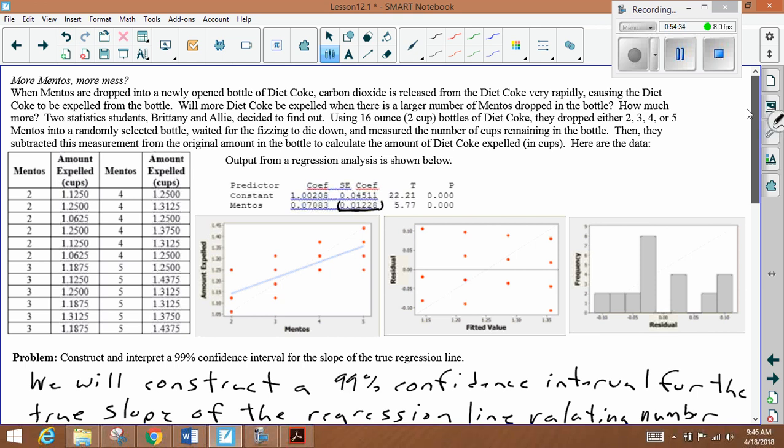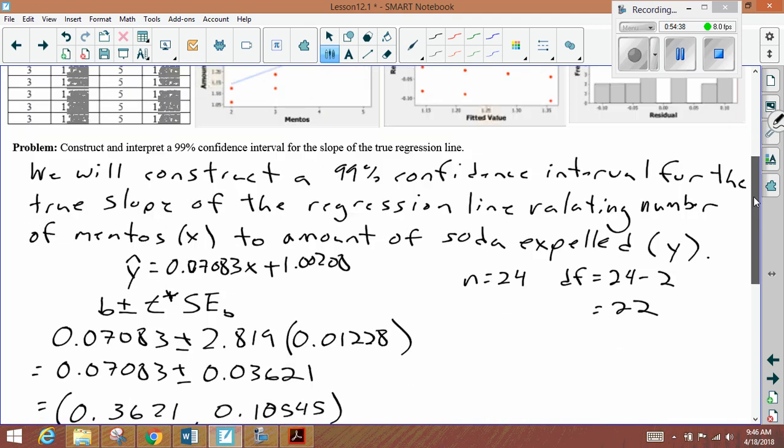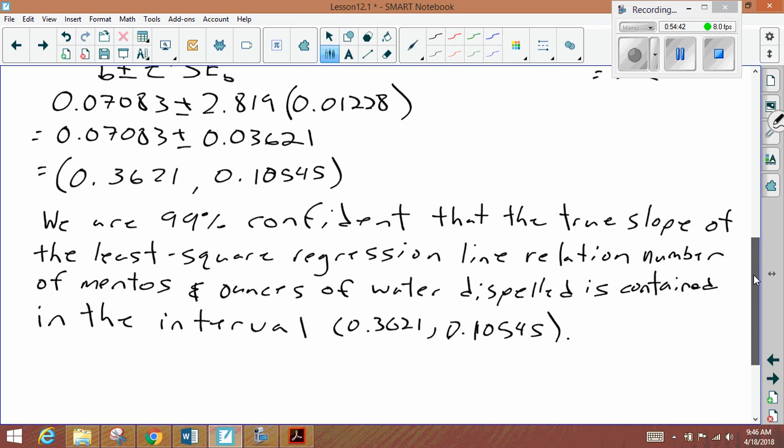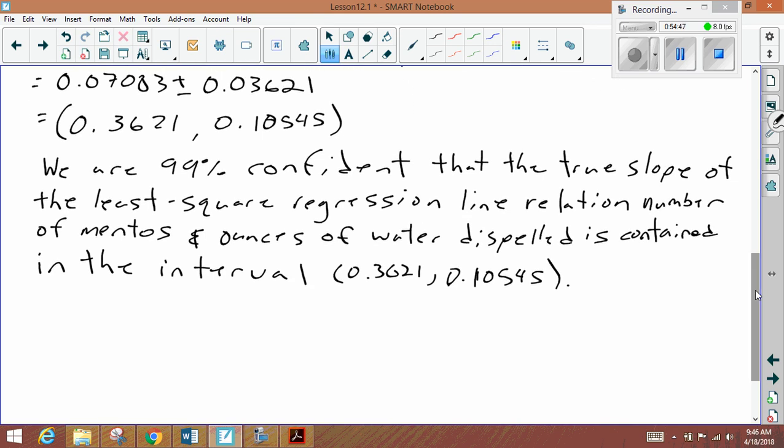So let's answer that question. Based on our data and our inference that we performed, do we have evidence to show that more ounces were dispelled when there were more Mentos? Well, it looks like our slope is always positive in our interval.